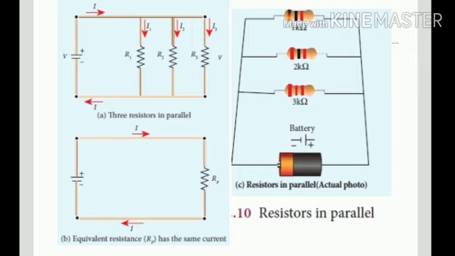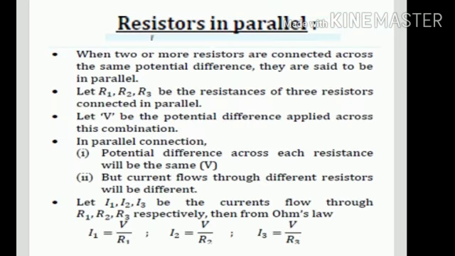Next, we are going to derive the expression for equivalent resistance for the combination of resistors when they are connected in parallel. Here are some pictures which represent the resistors when they are connected in parallel. When two or more resistors are connected across the same potential difference, they are said to be in parallel. Let R1, R2, R3 be the resistances of three resistors connected in parallel.